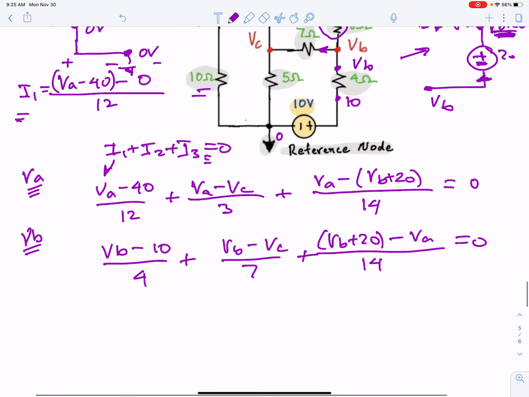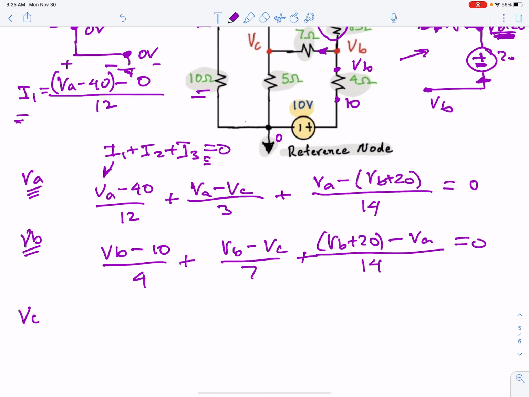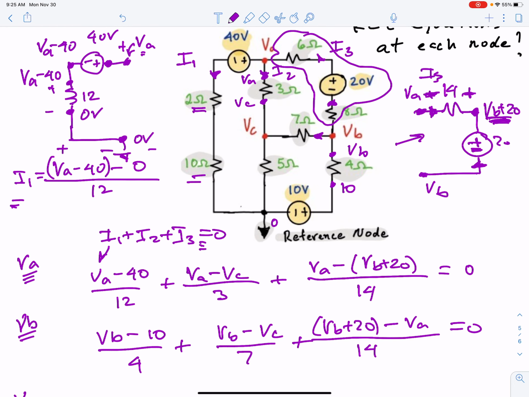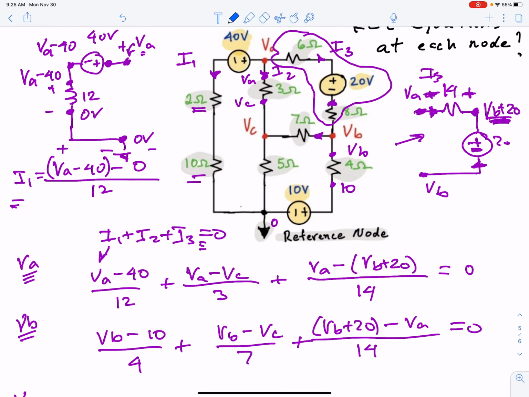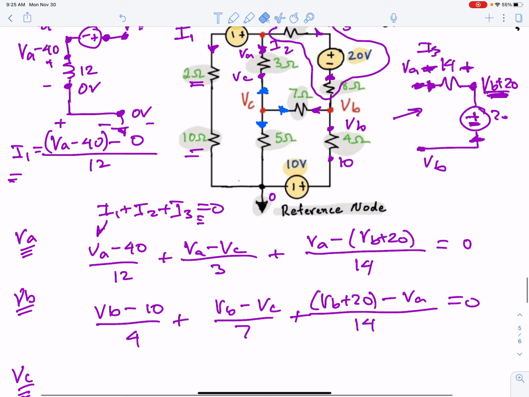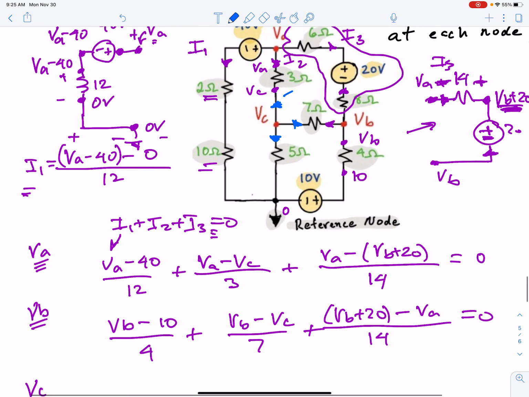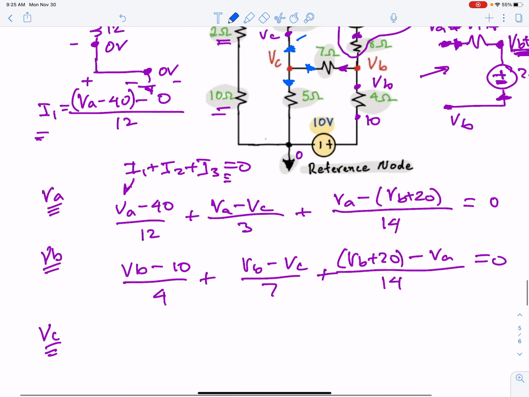So there's VB. And finally, VC. I'm going to change the colors here because we have a lot going on this page. Let's make this blue. This current plus this current plus this current equals 0. For this first one, we have VC minus VA over 3.